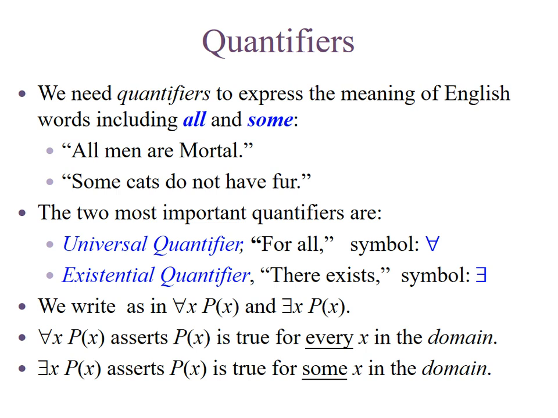If we write for some x P of x, that means if you can find one or more instances, even only one, within the domain, once you can find some x that P of x is true, then you can assert for some x P of x.